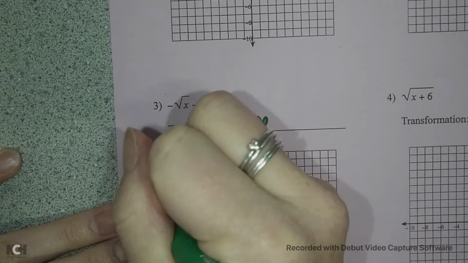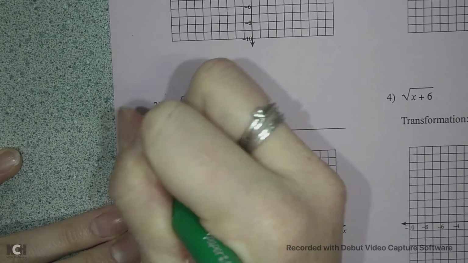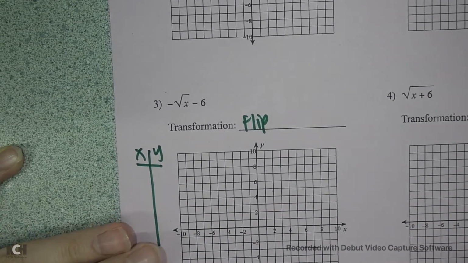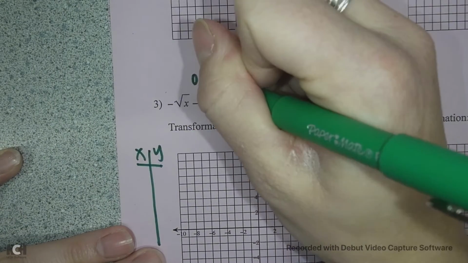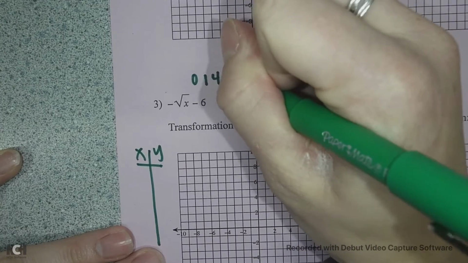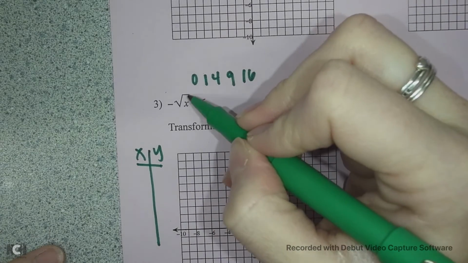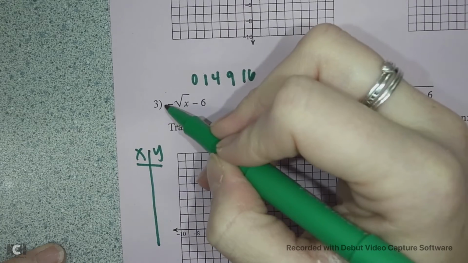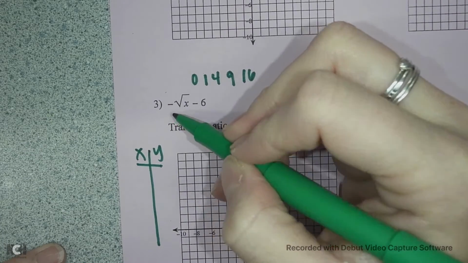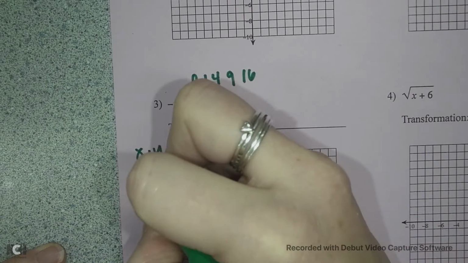Now, this is a square root, so we're going to pick our pretty numbers with our square roots. So remember, we can't take square roots of negative numbers, so our pretty numbers are 0, 1, 4, 9, 16. Okay. So the square root of 0 is 0. And since there's a negative in front, that means it's going to be -0, which doesn't make any difference.